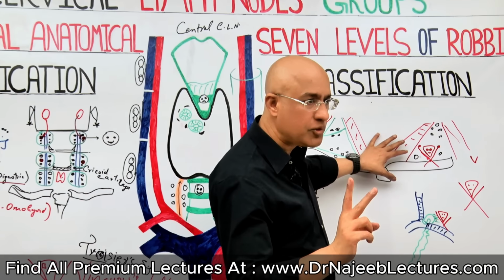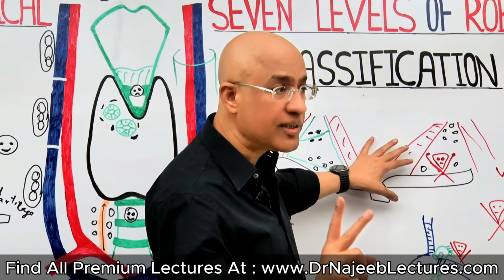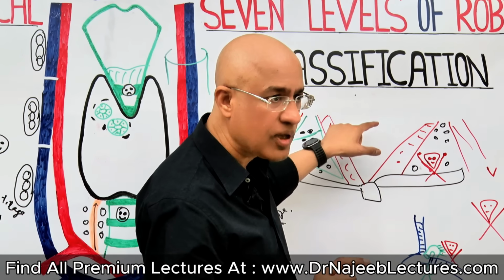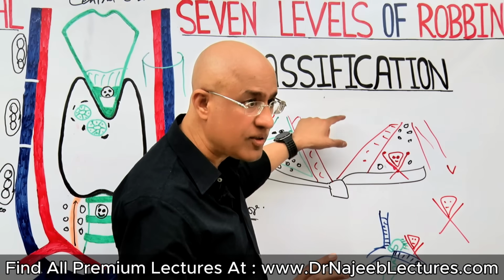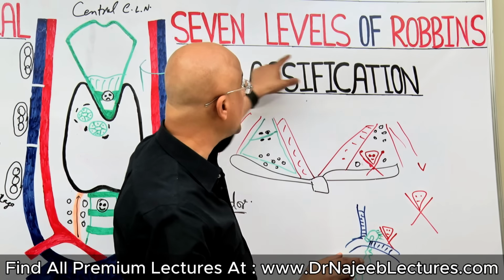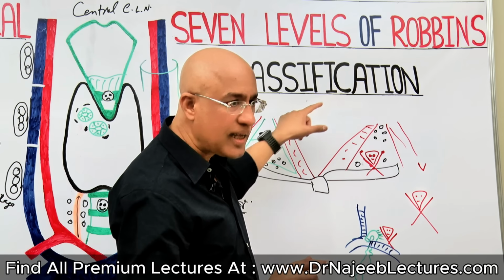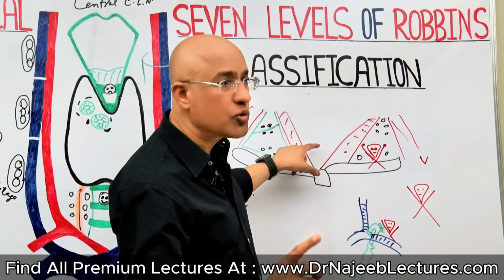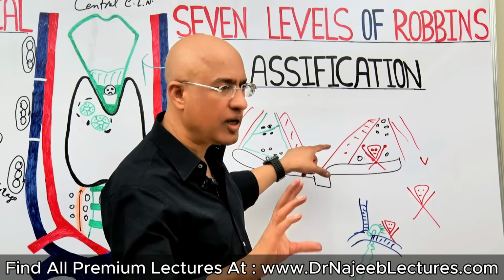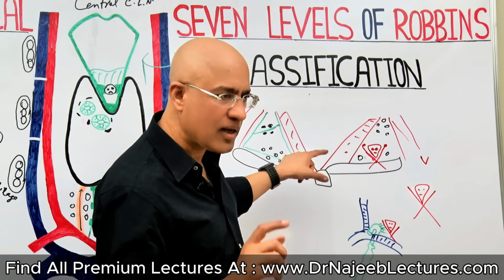Number 2, if you are planning for dissection of the neck or surgery for the neck, you must know this, and if lymph nodes are involved in that surgery, you must know these 7 levels, right? Then these 7 levels also are used by radiologists with little modification. Okay, let's go for that.